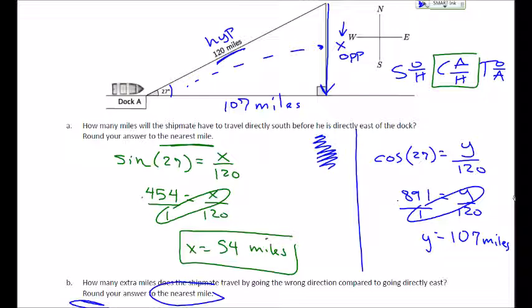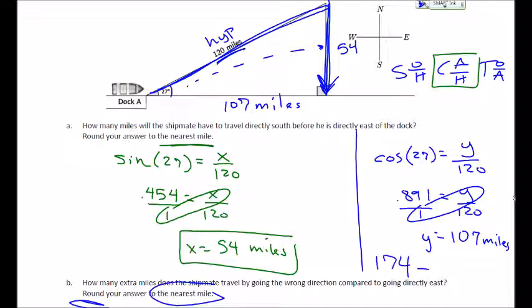Now, the question is, how many extra miles does the shipmate travel by going the wrong direction? So this length, again, is the 54 miles. And so as the shipmate went 120 and then 54 miles, if I add 120 and 54, I find that the shipmate actually went 174 miles.